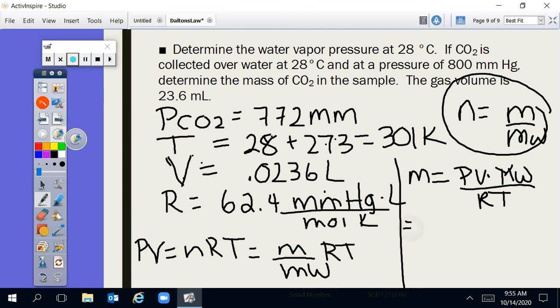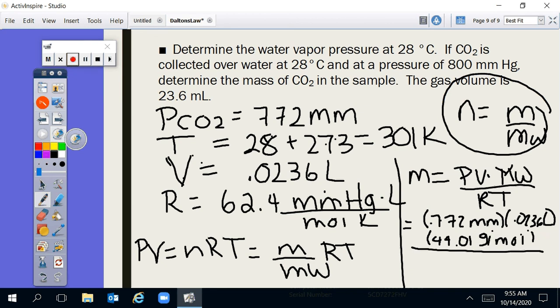I'm going to plug in 772 millimeters times my volume, which is 0.0236 liters, times my molecular weight of carbon dioxide, which is 44.01 grams per mole, divided by R, which is 62.4 liters times millimeters over mole Kelvin, times 301 Kelvin.